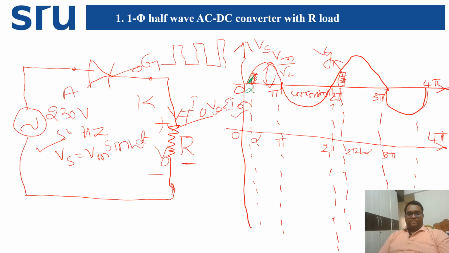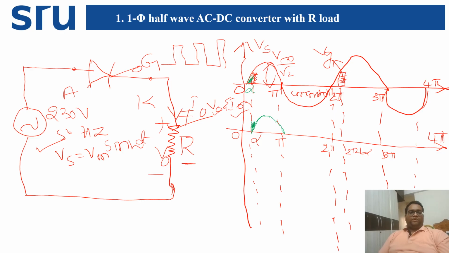Let us draw just a normal straight vertical line. Don't draw like a sinusoidal waveform. From here, let us take it as the peak voltage. It will go up to this and it will come up to pi.